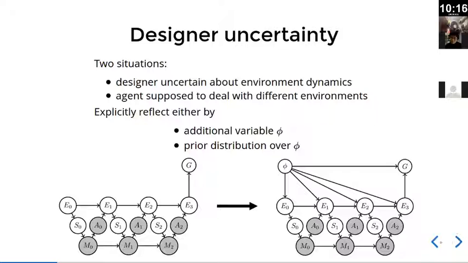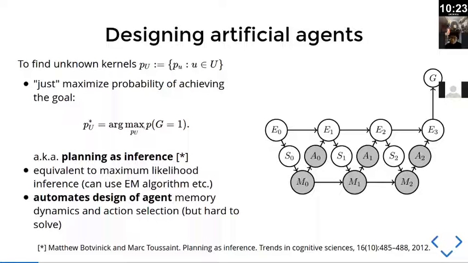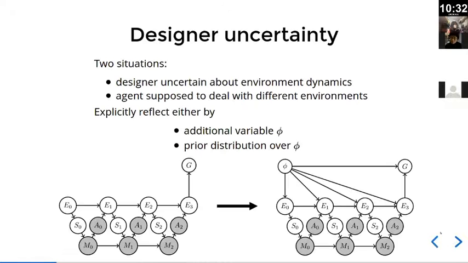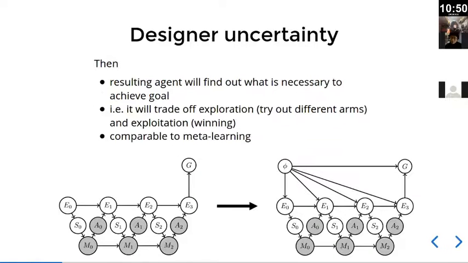And the nice thing is that if you then solve this problem here, it's also called planning as inference. So you maximize this goal probability in this setting, then the resulting agent will, if it's necessary to solve the problem, actually explore which environment it's faced with.